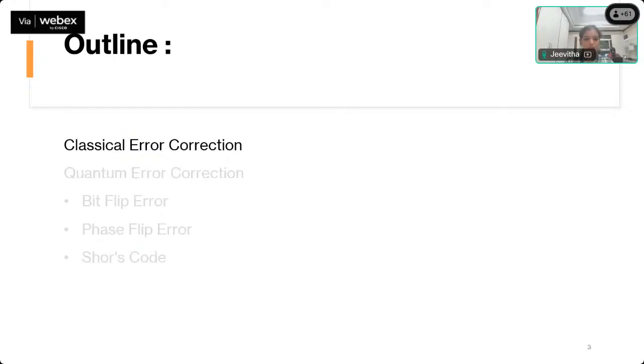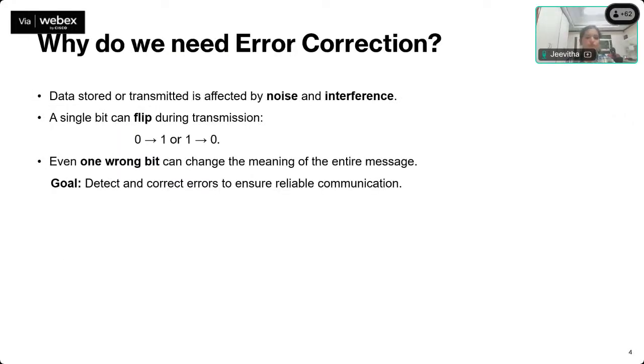Now let's start with classical error correction. The first question which comes to our mind is, why do we need error correction? Basically, data which is stored or transmitted is affected by noise and interference. Right now I'm talking about classical error correction, where the only possible error is the bit flip.